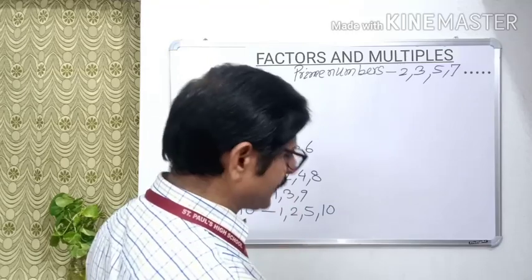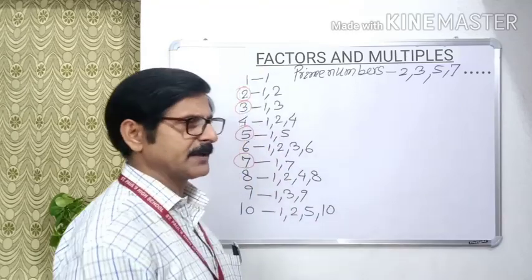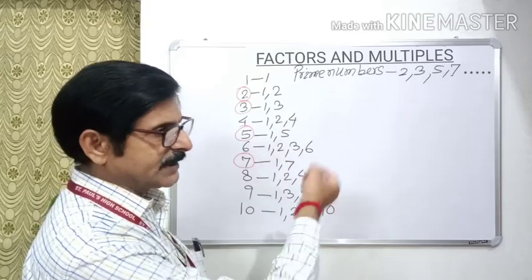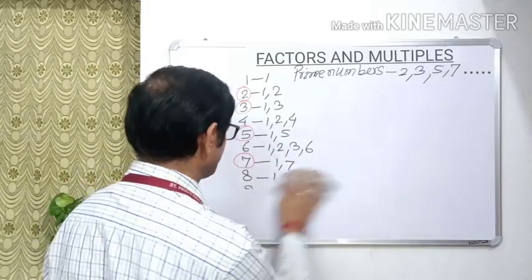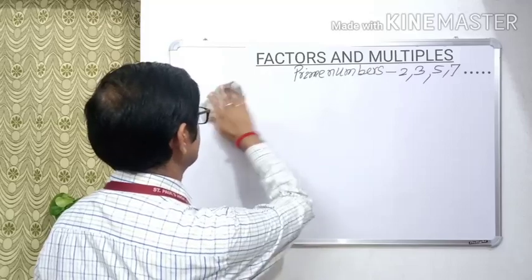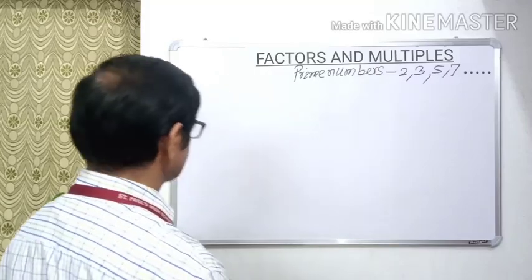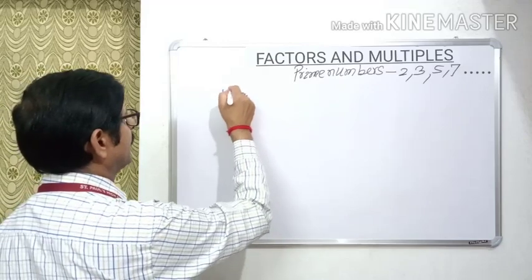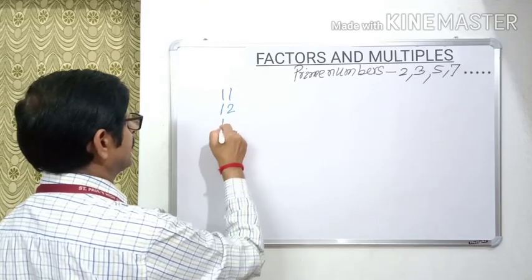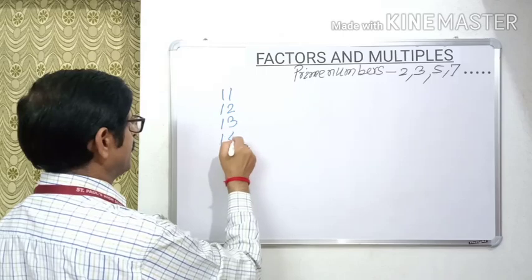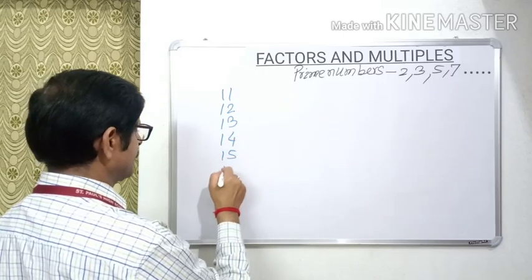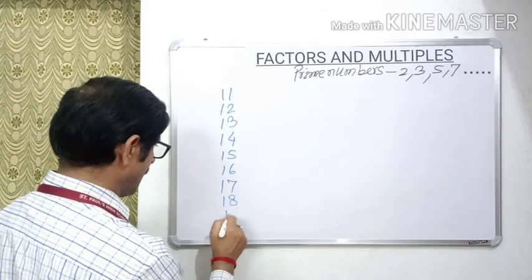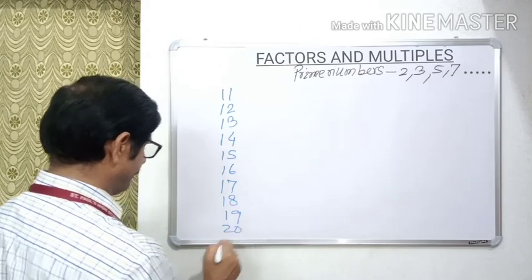Let us try to write the factors of some more numbers, and we will try to find out prime numbers and composite numbers. Classify them as prime and composite numbers. Let me write the numbers first. 11, 12, 13, 14, 15, 16, 17, 18, 19, 20.